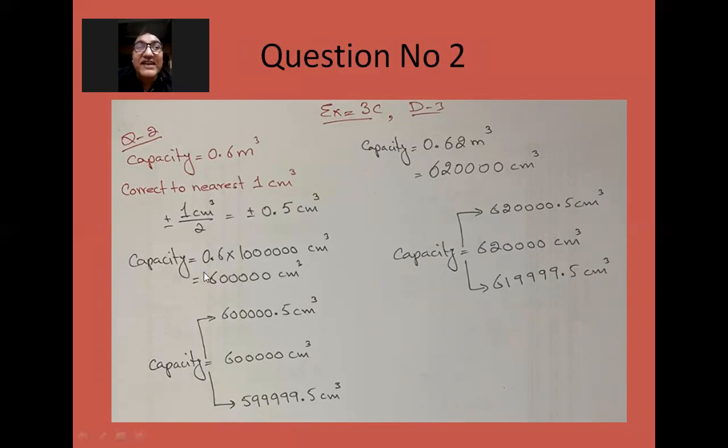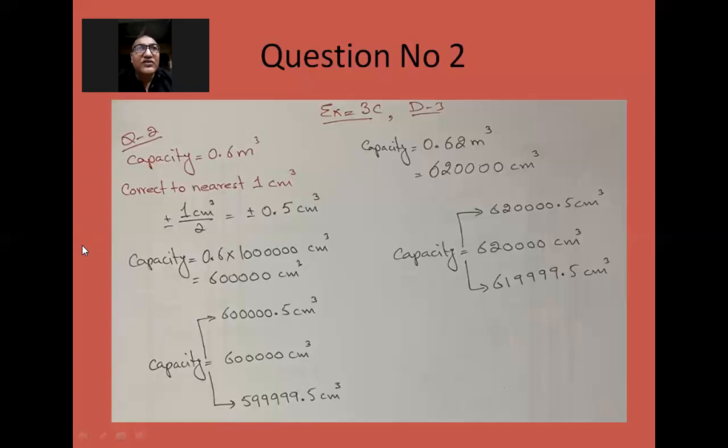The capacity of the tank is 0.6 meter cube, so I will convert it into centimeter cube. If you want to convert meter cube into centimeter cube, you have to multiply by 10 raised to power 6, or rather 1 followed by 6 zeros.